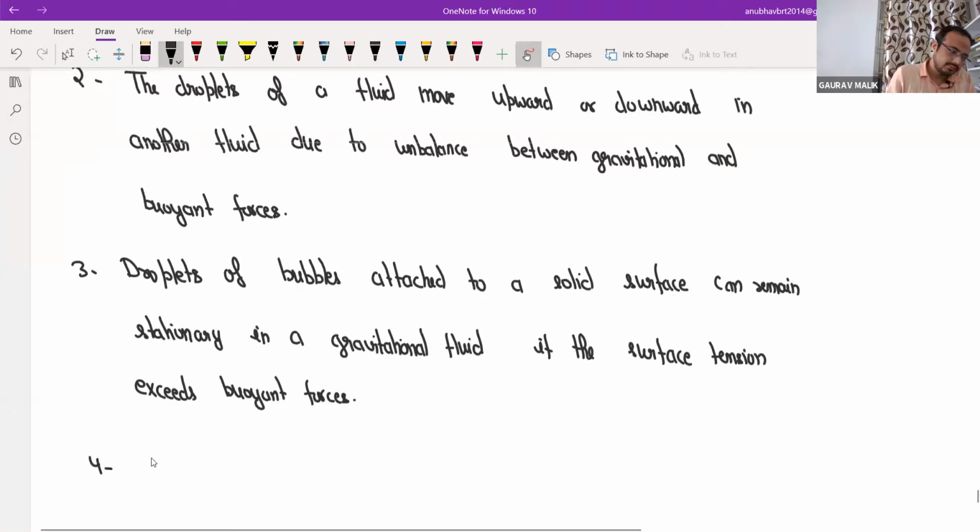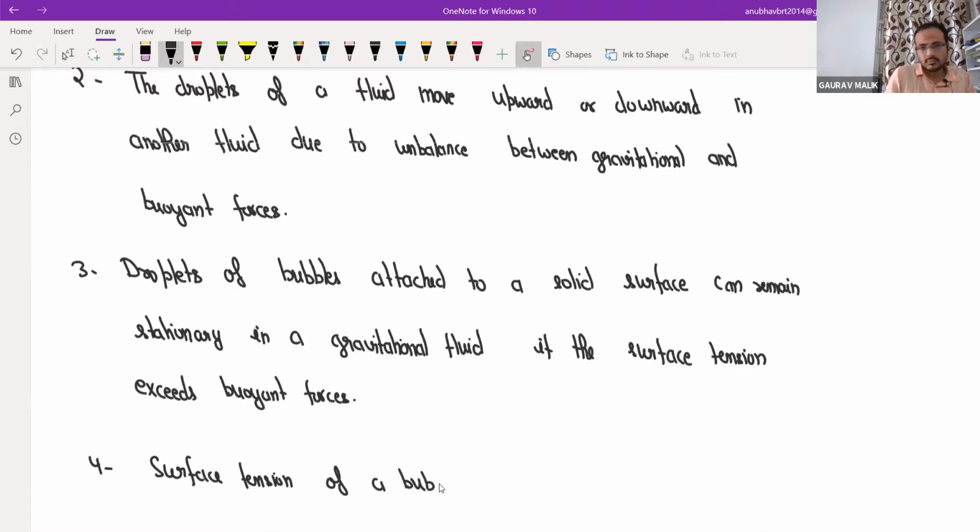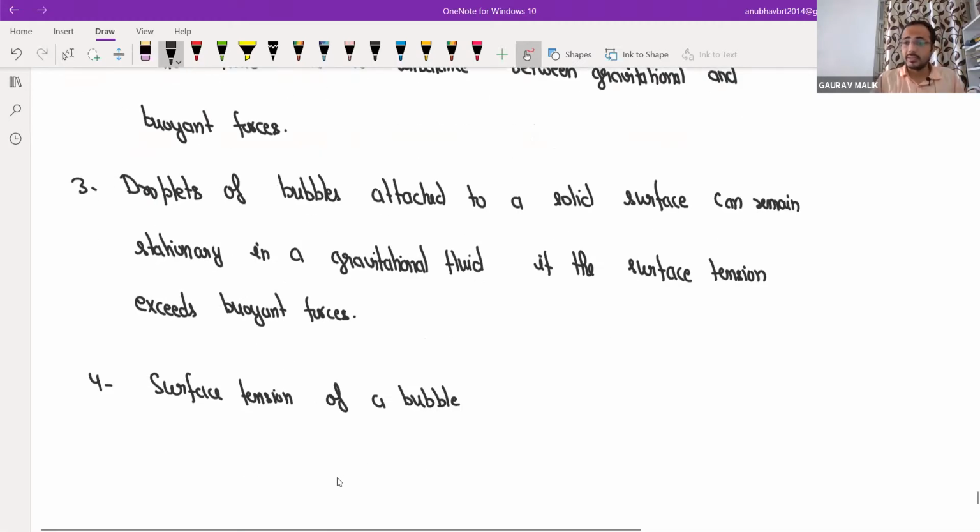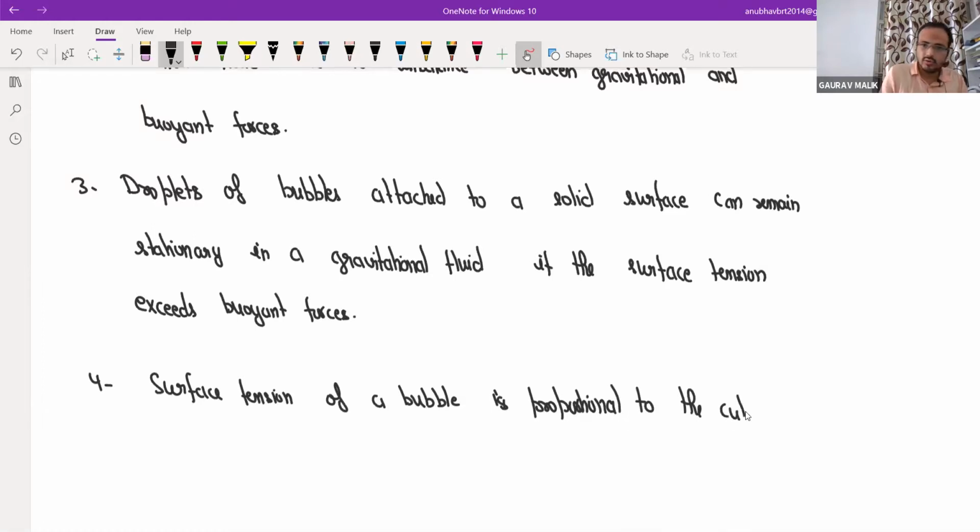And fourth one, surface tension of a bubble is proportional to the cube of its radius. A very nice, wonderful question. And in the GATE exam, in MSQ, you will get this first type of question only.